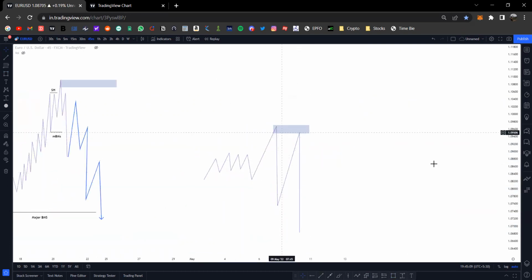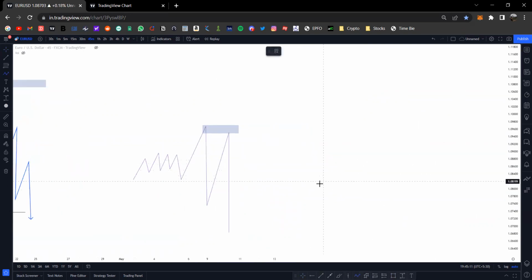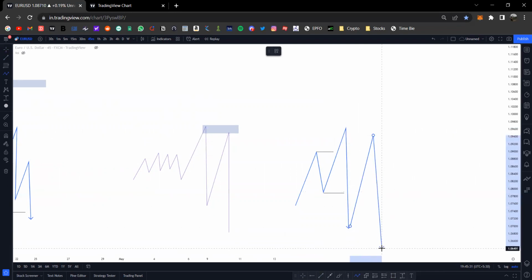And if price made this kind of structure, a high, then a low, then another high, and took out this low, people call this a stop hunt BMS. Then this will be your RTO move, and this will be your QML level. People also call this a Quasimodo.